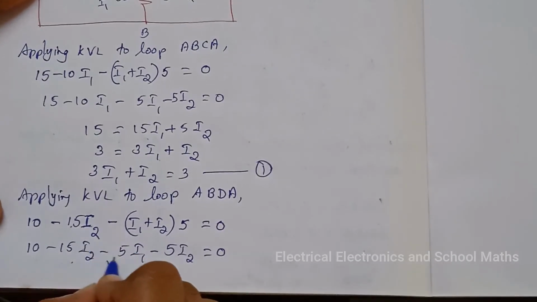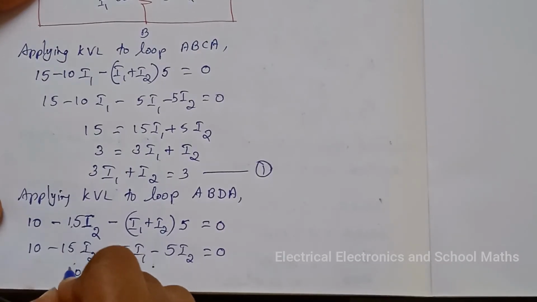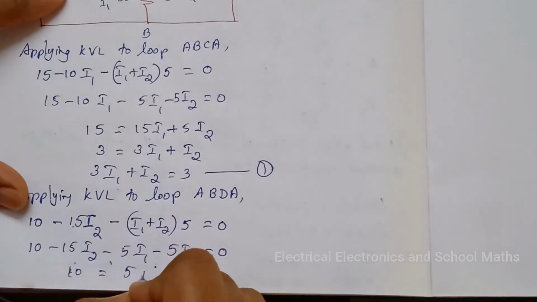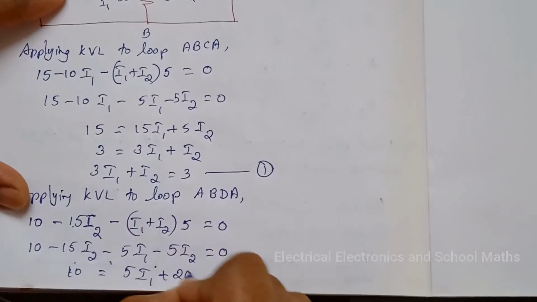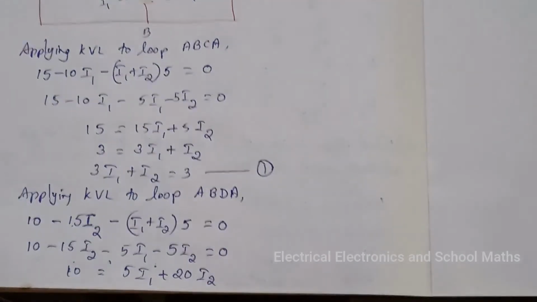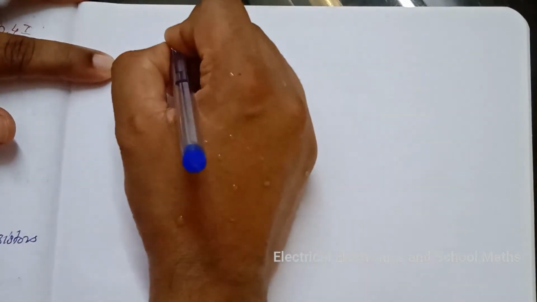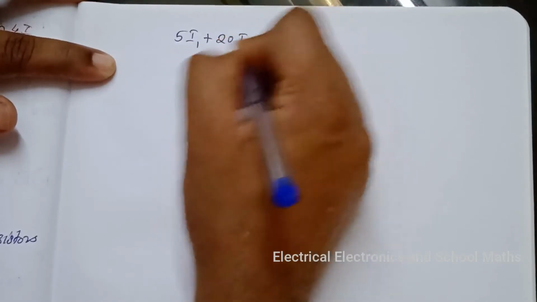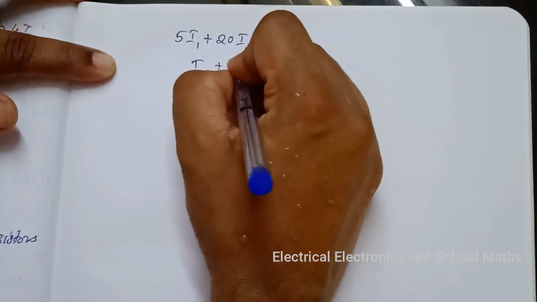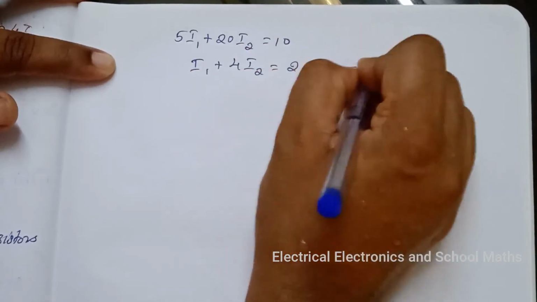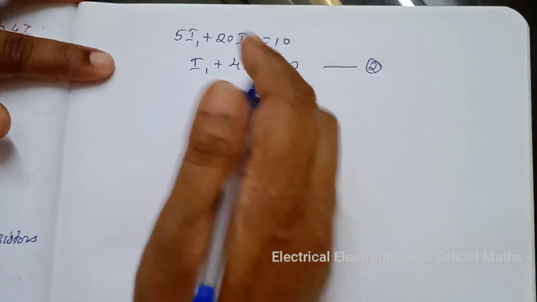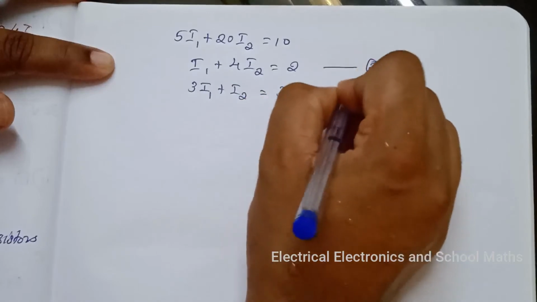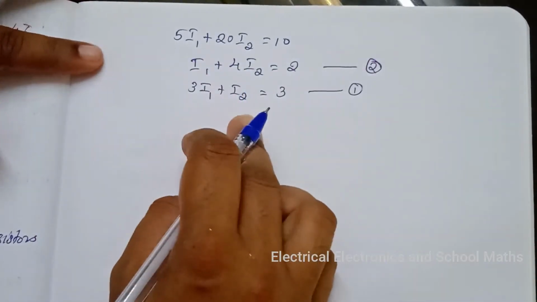That is 10 equal to 5 I1 plus 20 I2. Or we can write 5 I1 plus 20 I2 equal to 10. On simplifying, we get I1 plus 4 I2 equal to 2. This is the second equation, and the first equation is 3 I1 plus I2 equal to 3. Now simplifying these equations.